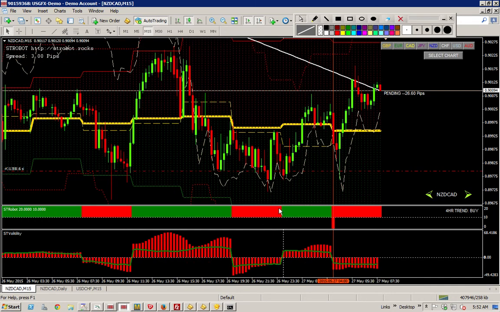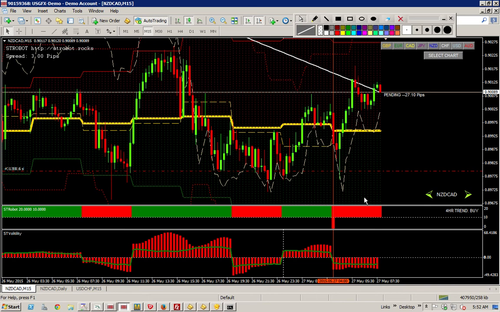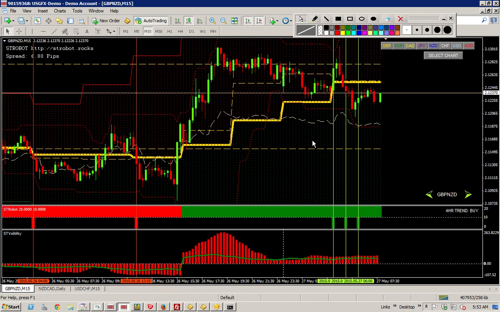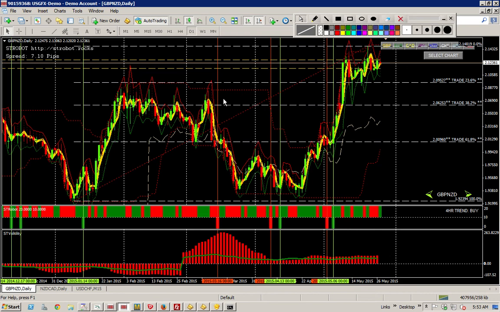So here's quite a flat market. In fact, although there's a short entry, the entry would be way down here. So again here, if you want to see the Fibonacci ratios, you see these two gold lines there, the fib levels based on the daily. Here's Strobot calculating the fib levels. You can see the way that the market bounces around those fib levels up and down.